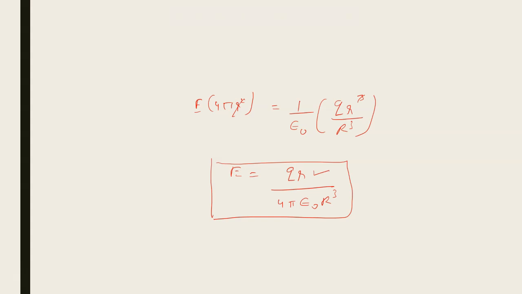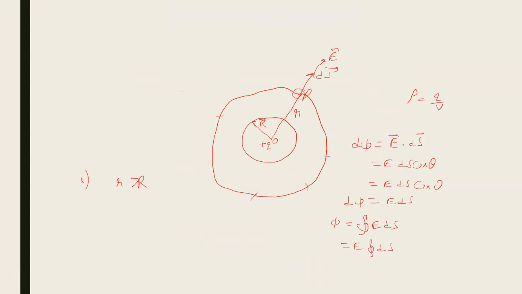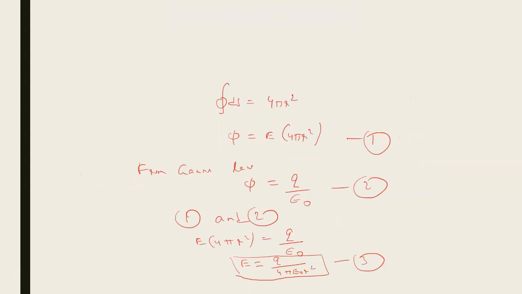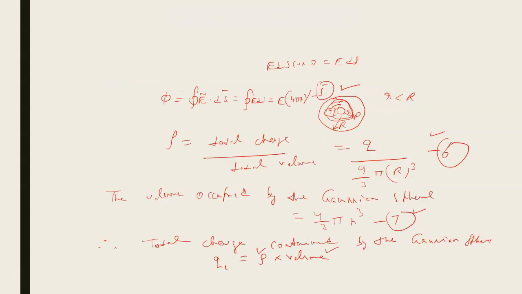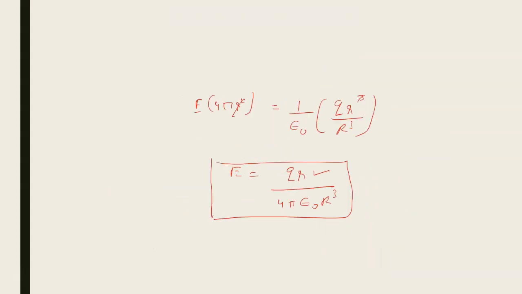So what we have discussed here: we discussed the external point and calculated the intensity of electric field as Q by 4 pi epsilon naught r squared. Then at the surface, just replace small r with capital R. For the internal point, we used the concept of volume charge density, and by using it we calculated the intensity of electric field inside the sphere by drawing a Gaussian sphere.